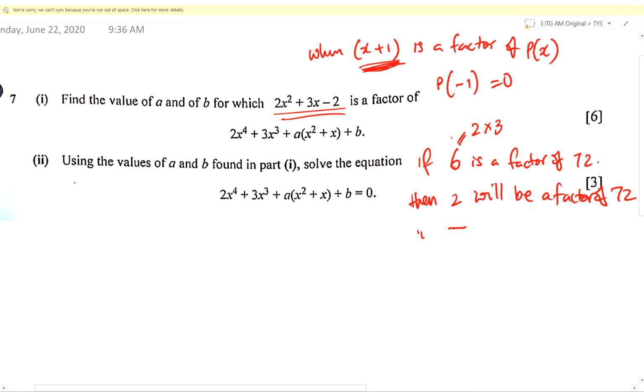Similarly, 3 will be a factor of 72. So from here we can tell that this quadratic factor, 2x squared plus 3x minus 2, if I can factorize it into 2 linear factors, then each linear factor will also be a factor of this polynomial with a power 4. So we're going to use this approach.